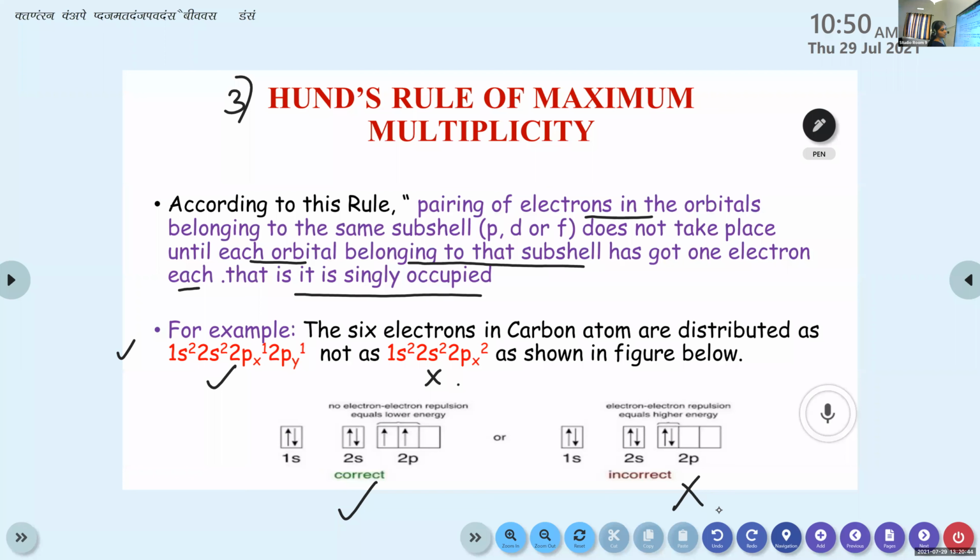All of you switch on your videos. This is clear, children? Have you completed the third rule?